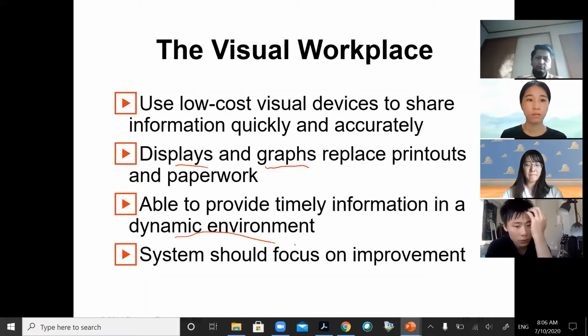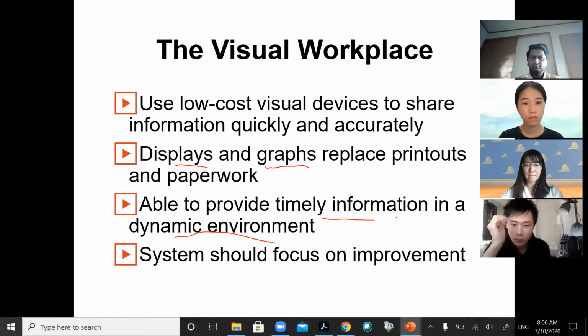New information comes in. For example, a supplier failed to deliver. So what needs to be done? You must provide timely information to the production line, in order for production to continue doing the work, or to do some countermeasures.